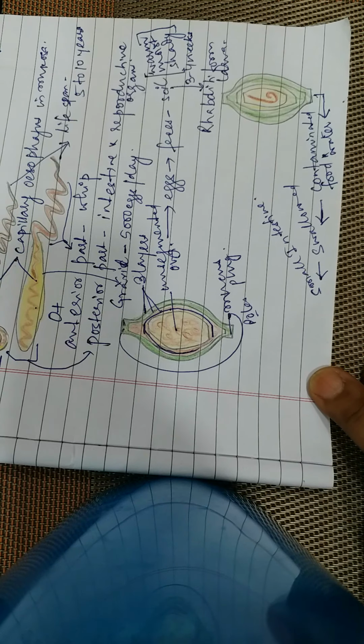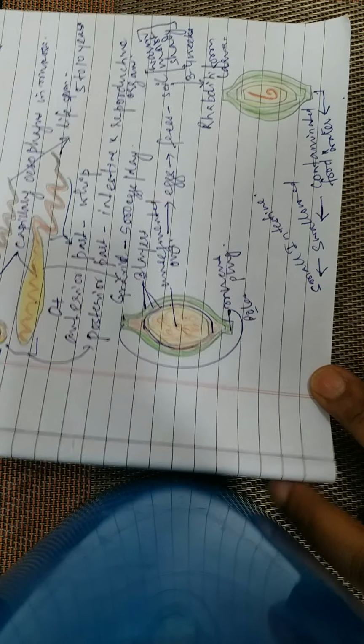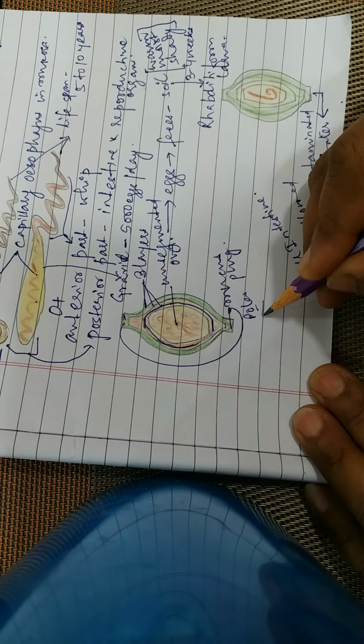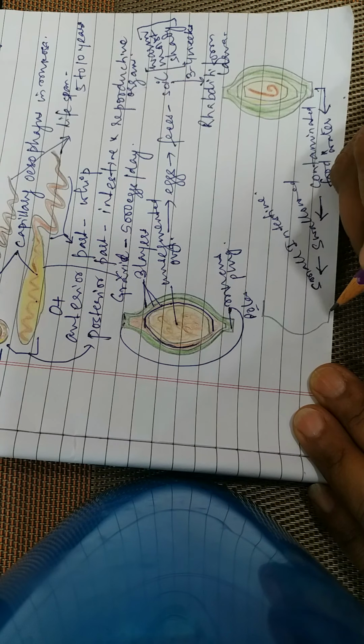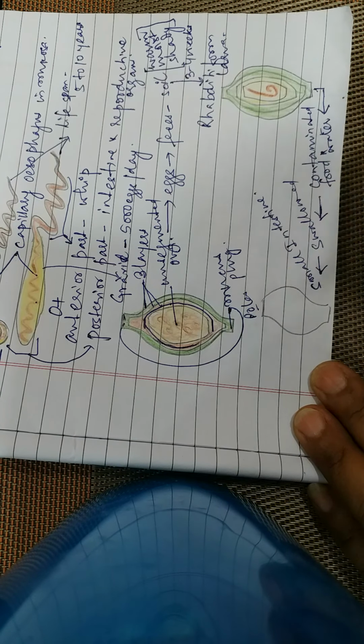In the small intestine, this larva hatches out from the plug. This is the larva.